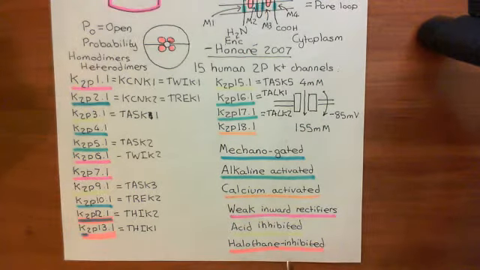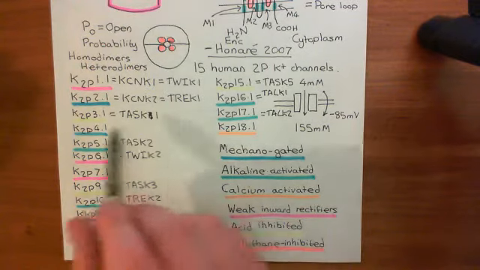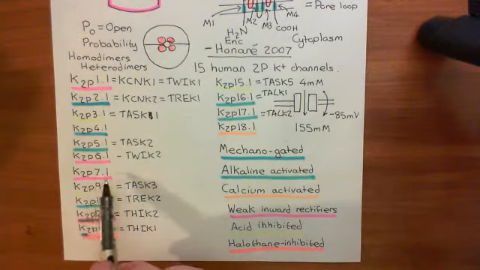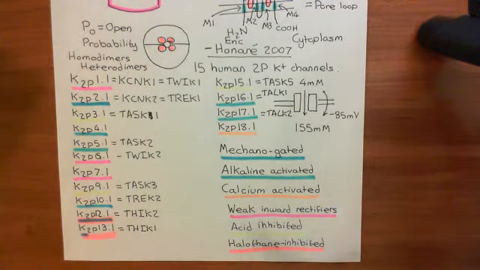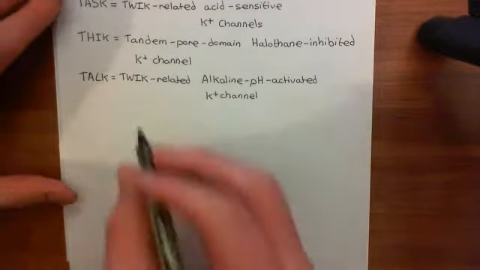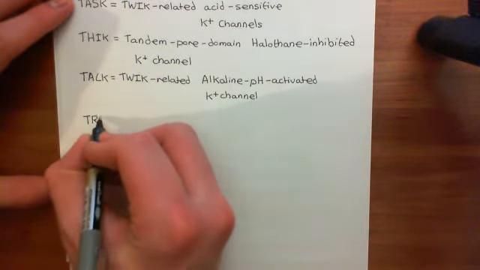Next we're going to go to the naming of K2P 18.1, and then finally the naming of K2P 4.1. K2P 7.1 doesn't have an alternative name. K2P 18.1 is known as the TWIK-related spinal cord potassium channel, and for short this is called TRESK.